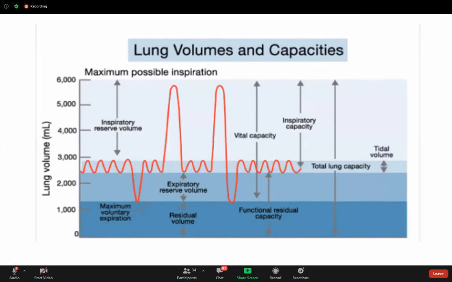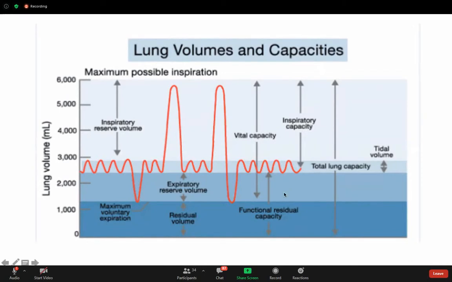Okay. While if you expired all the air inside your lung, expired everything, you're still gonna have some gas inside your lung. This is what we call residual volume. You cannot get rid of the residual volume. It's always gonna be there.